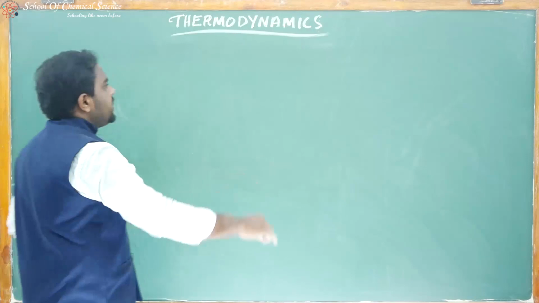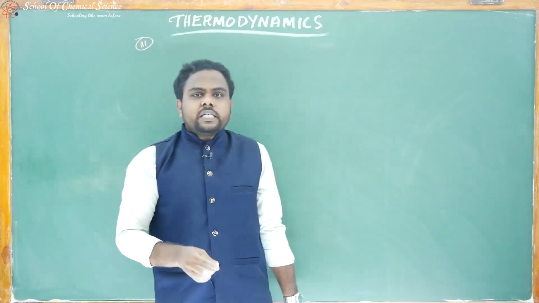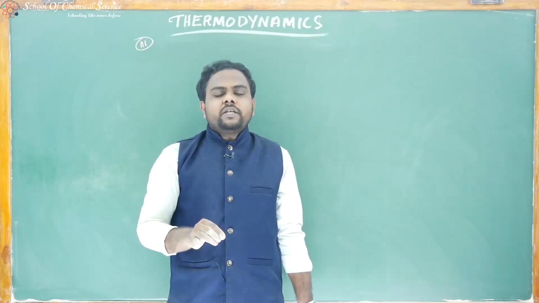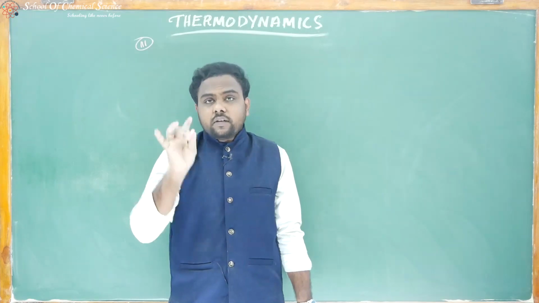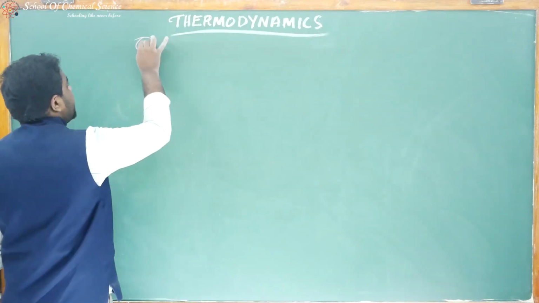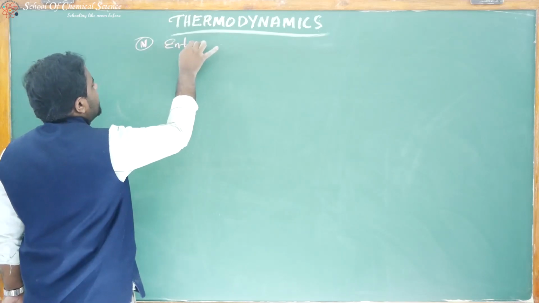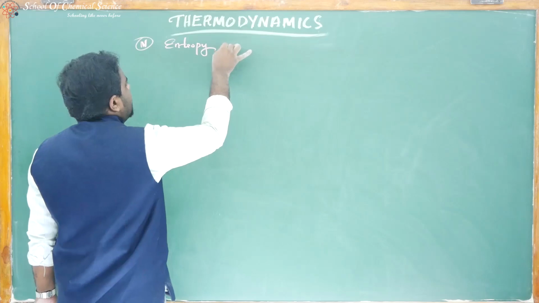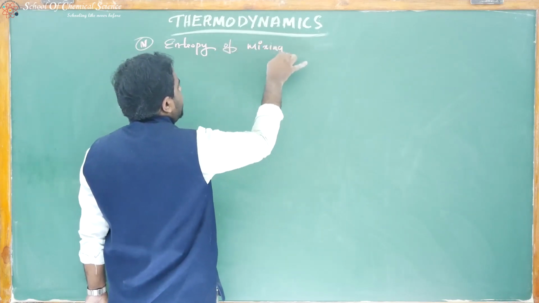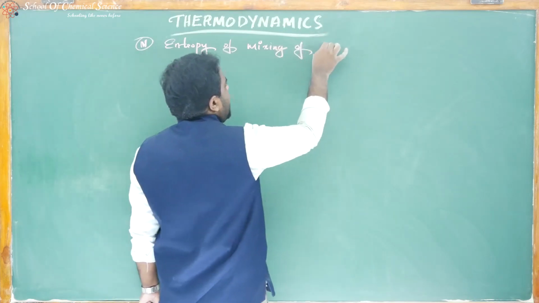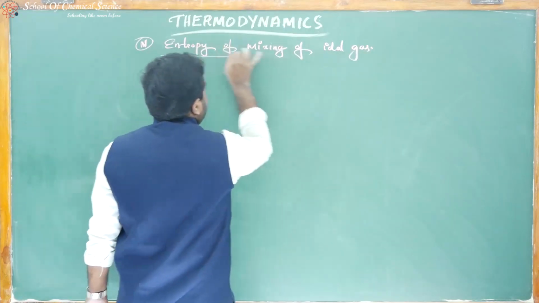Next, third category. We discussed the entropy change for ideal gas, entropy change for reversible process, and entropy change for irreversible process. Then the fourth category, entropy of mixing of ideal gas.